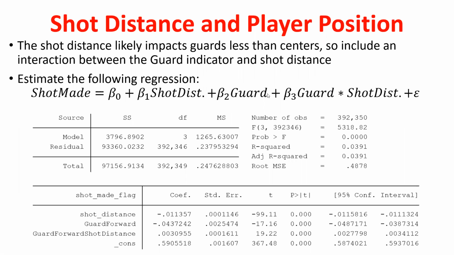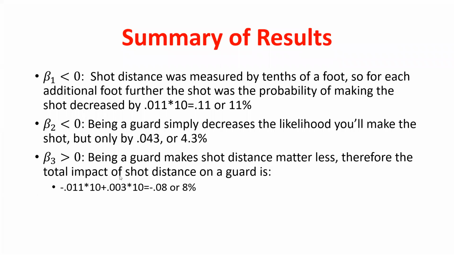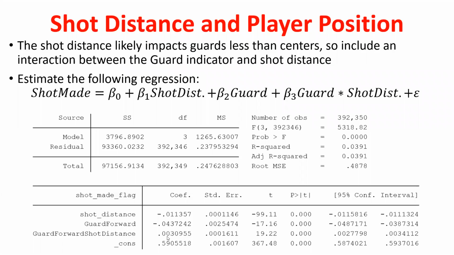Now I have this interaction term. Its coefficient will tell me the difference between the effect of this x variable for guards and non-guards, because it's 0.003. That was the difference in the effect, but the total effect for these guards was negative 0.08. The difference in those total effects was whatever that slope coefficient was, beta 3, or B3.